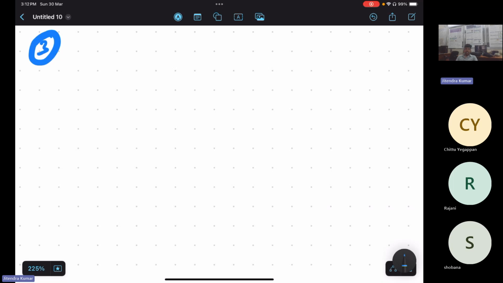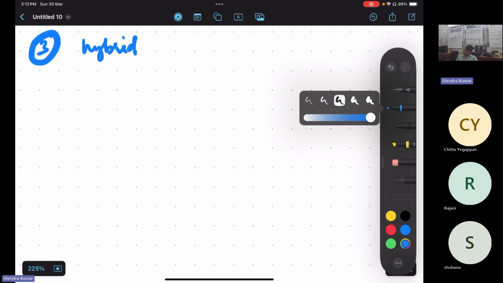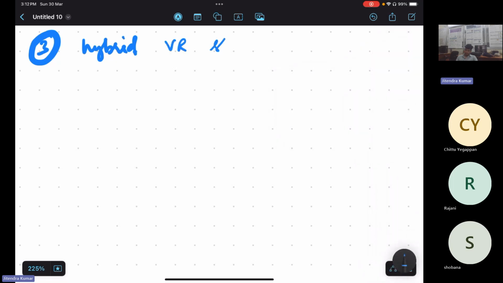A hybrid VR stepper motor is given. It has 10 main stator poles and it has again been castellated to have 4 teeth.